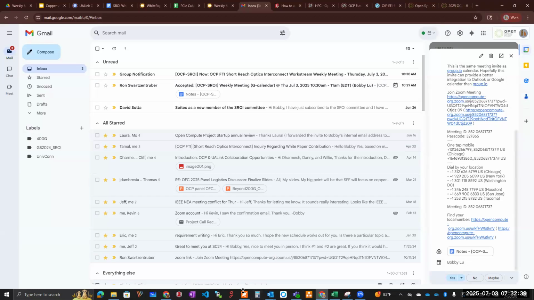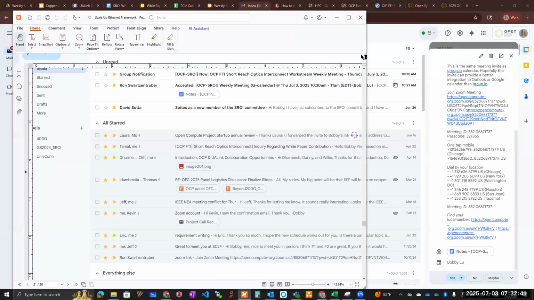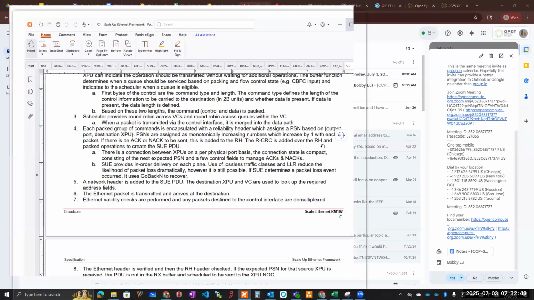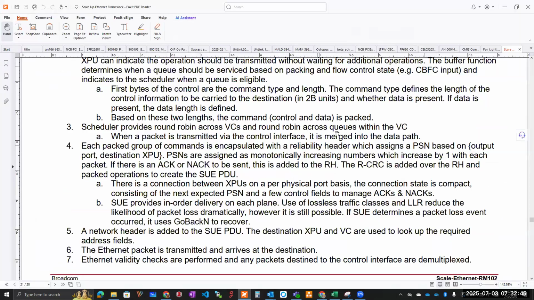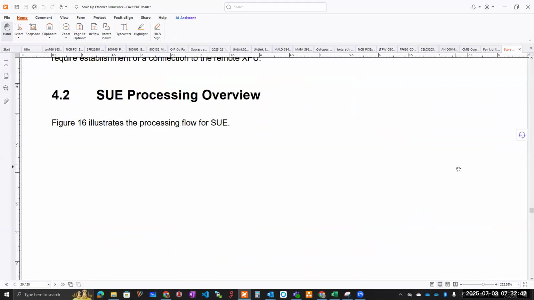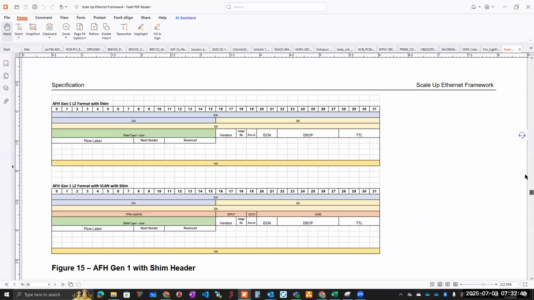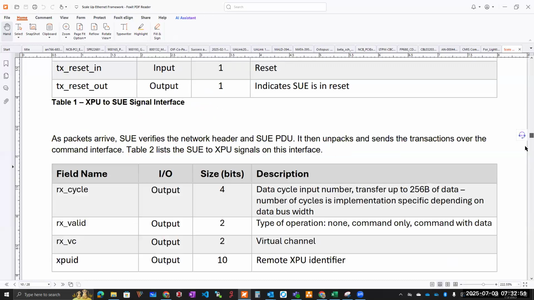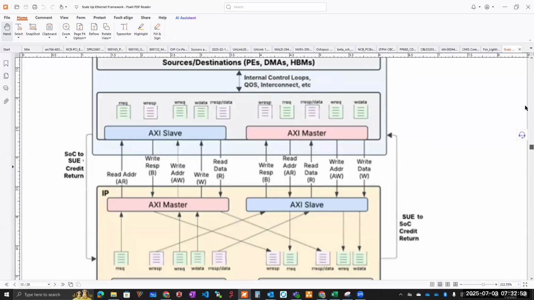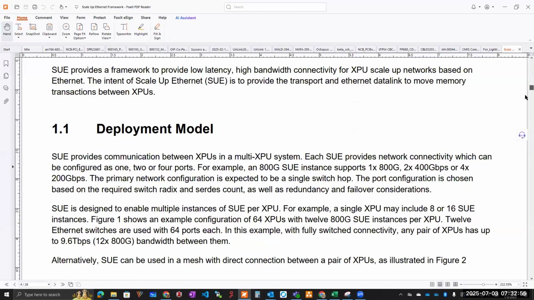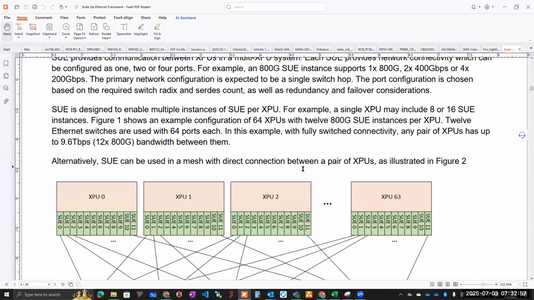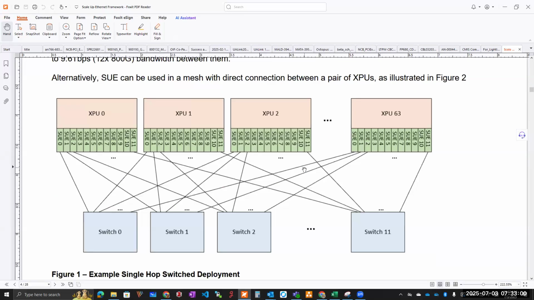Oh wait, it's not here. All right, so this, for example, is the SUE connection diagram.